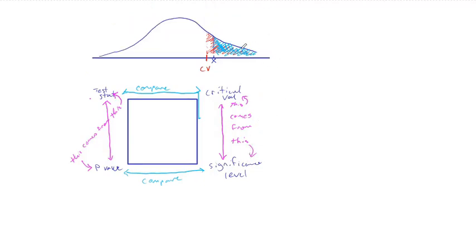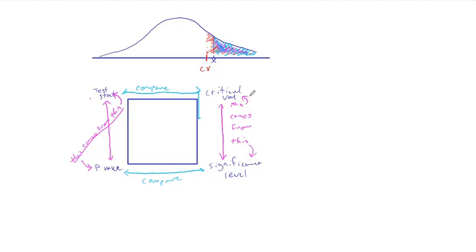So if we were to go the p-value method route, for example, we get our test statistic, and notice over here I say the p-value comes from the test statistic. The p-value is the area into the tail beyond our test statistic.